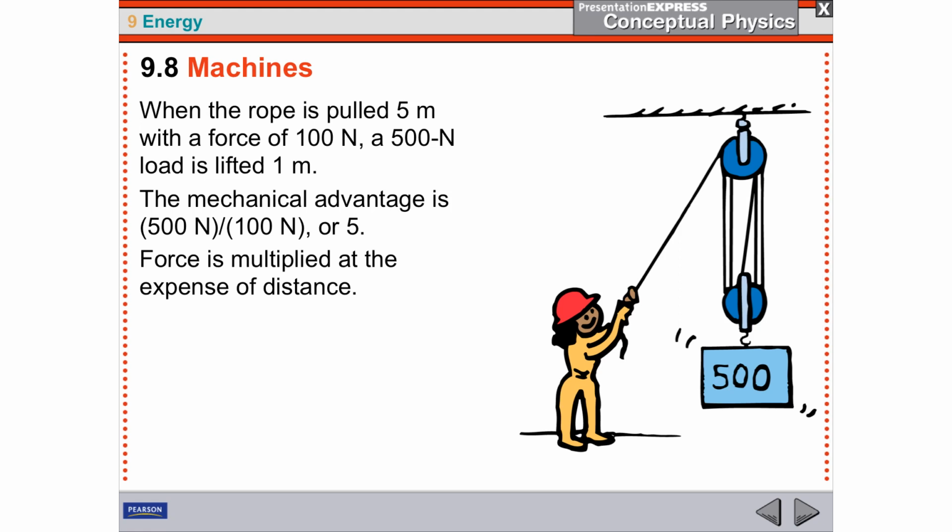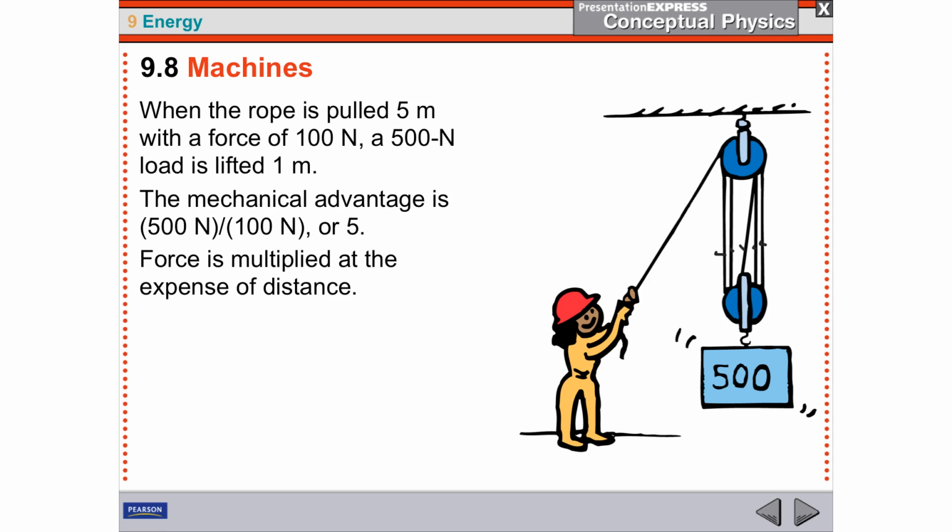So what do you think? How many strings are attached to this 500 weight? I've got 1, 2, 3, 4, 5. I have 5 strings. That means as I lift it, I'm pulling it 5 times longer because I have to shorten each of these strings in order to get the load up.